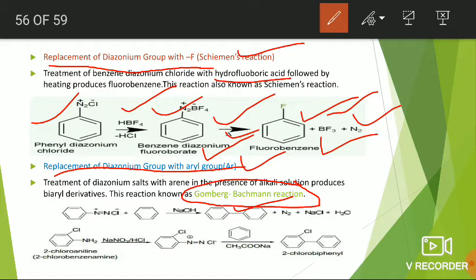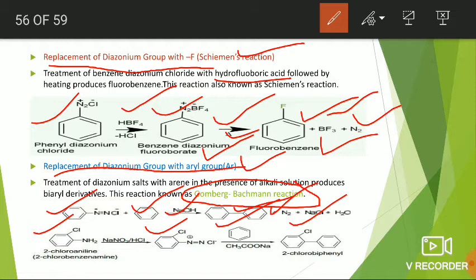If you treat benzene diazonium chloride with benzene in the presence of base, that is sodium hydroxide, we get biphenyl. If you treat ortho-chloroaniline with nitrous acid, we get ortho-chlorobenzene diazonium salt. This ortho-chlorobenzene diazonium chloride salt on reaction with benzene, we get ortho-chlorobiphenyl.